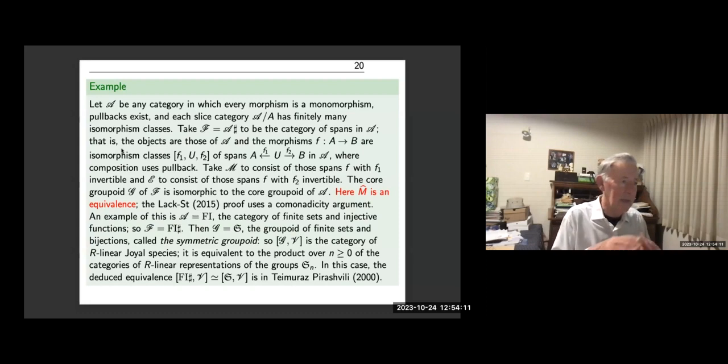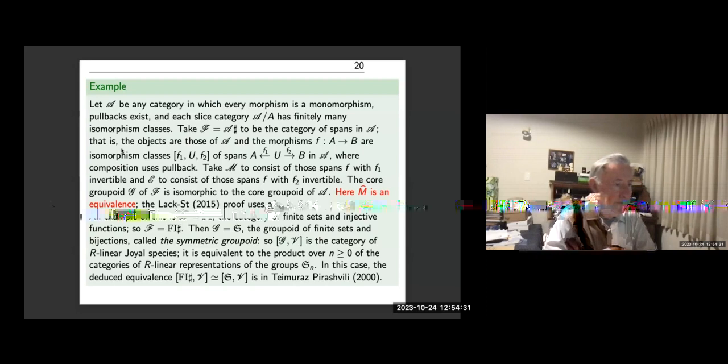So that's now like, in the particular example, partial injective functions. And the morphisms are isomorphism classes of spans. So that's the partial maps. And you compose spans by taking pullbacks.